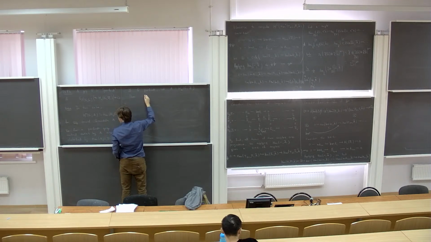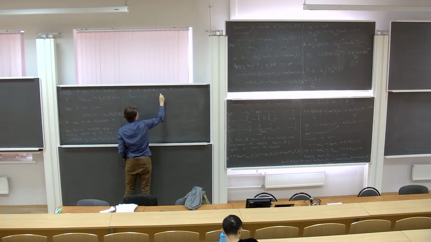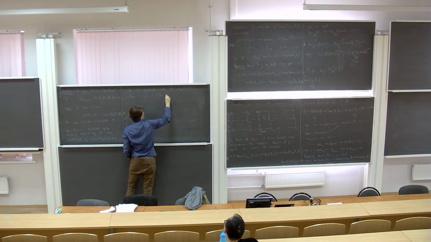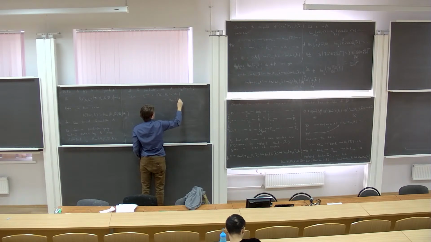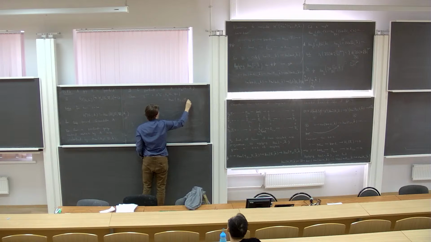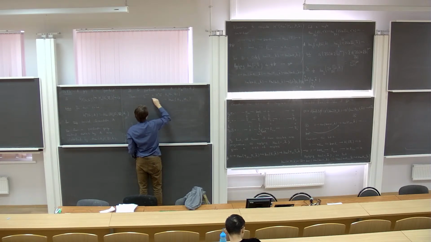I don't know what to call it. Let me call it Xi uni. So this is Hom from H2 to H2. So this is the thing that corresponds just to the identity.